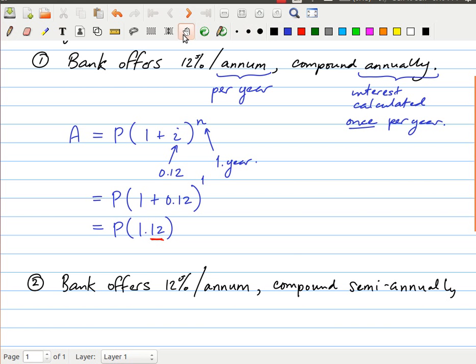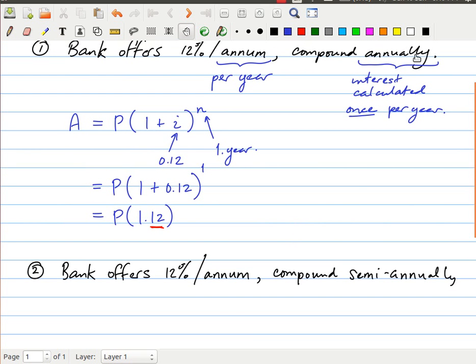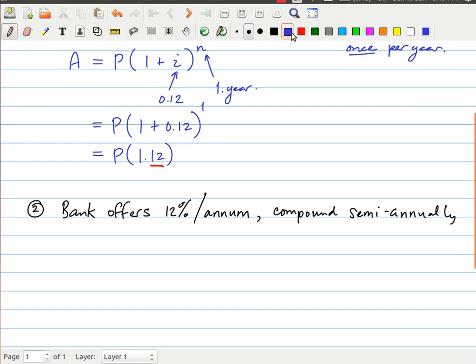So how does this compare to our previous example? Really, the biggest difference is here we had compounded annually, which meant it was calculated once per year. And so now semi-annually means we are going to do 2 calculations per year. Otherwise, we've got 12% per year.